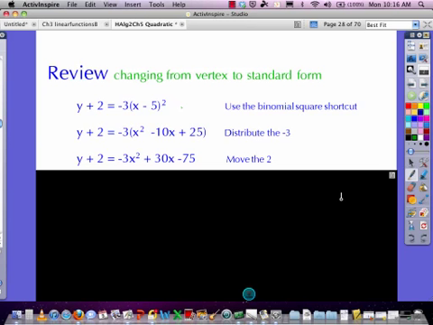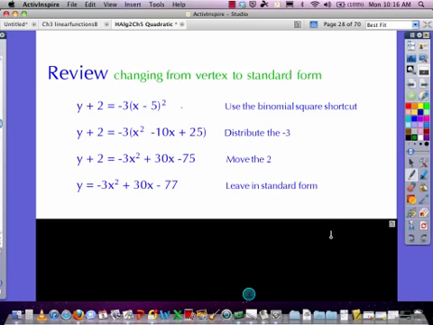Then we would move the 2 to the other side by adding its opposite. And doing that would give us our final equation, leaving it in standard form, or y equals ax squared plus bx plus c. So that really is the version that you know. Just got to practice it so we get a little better maybe at the shortcuts, the binomial square shortcut, etc. But I think you'll be good there.